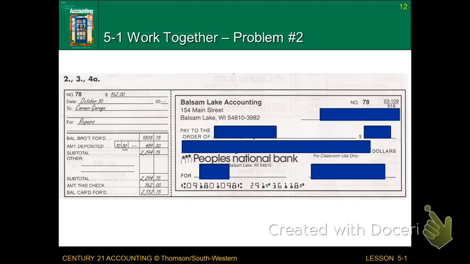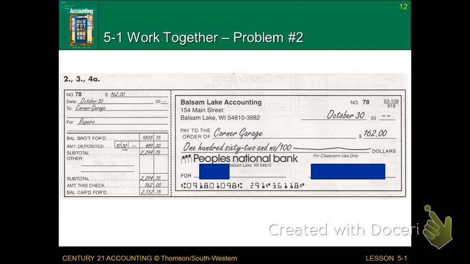So now we have to write the check out on the right, start from top, work our way down. So the date is October 30th, 2014. We're writing this check to the corner garage for $162. Write that in numbers first, and then on the next line, write $162 and no cents on the second line in words.